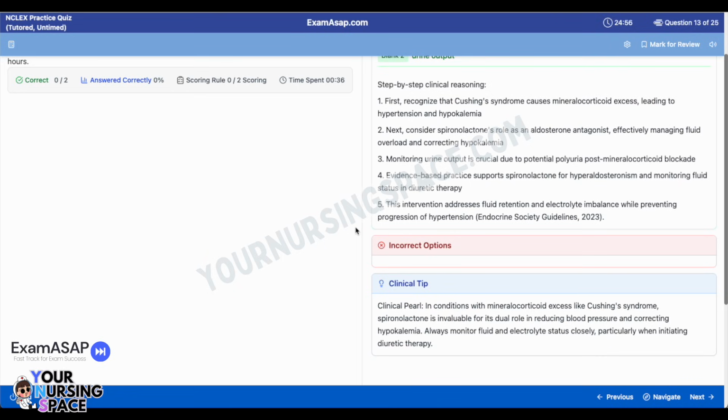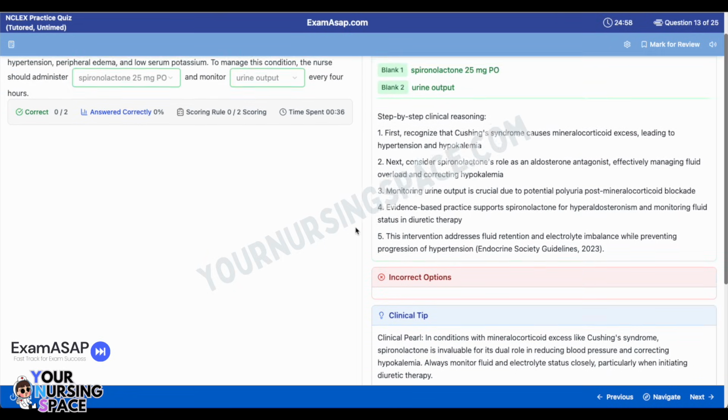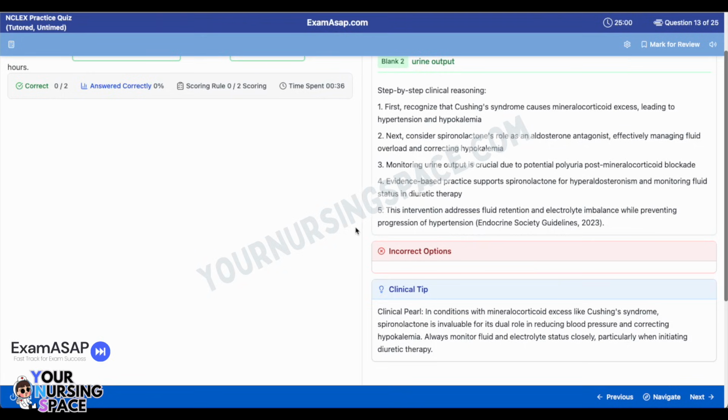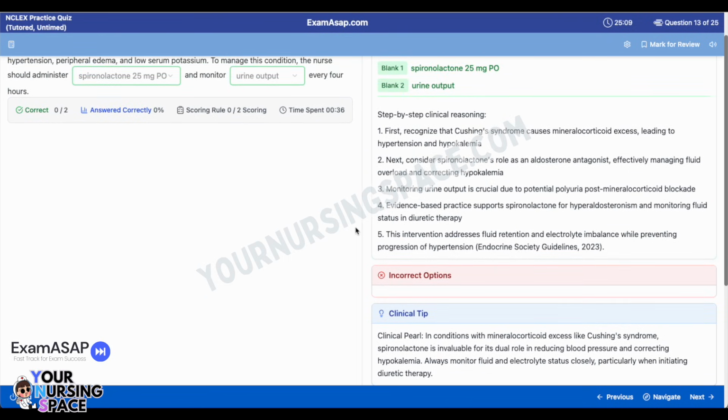Rationale. Step-by-step clinical reasoning. 1. First, recognize that Cushing syndrome causes mineralocorticoid excess, leading to hypertension and hypokalemia. 2. Next, consider spironolactone's role as an aldosterone antagonist, effectively managing fluid overload and correcting hypokalemia. 3.